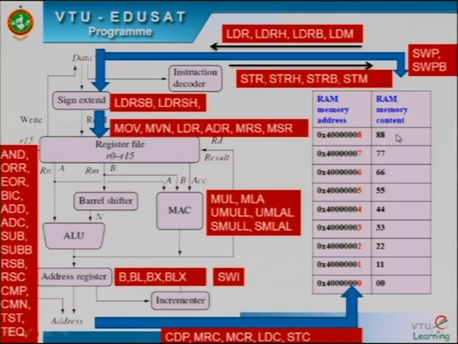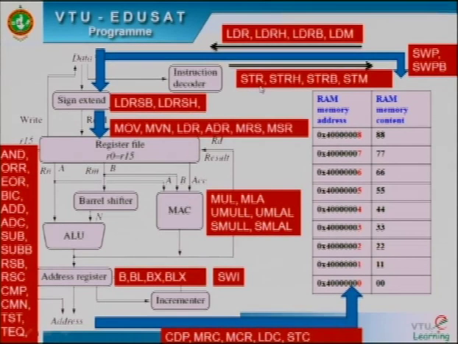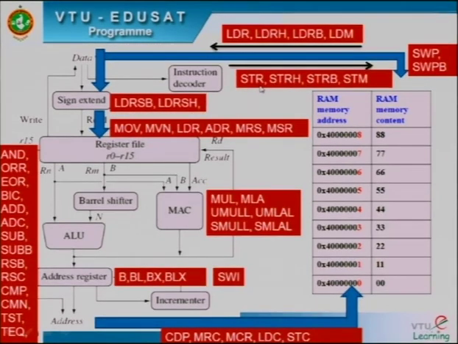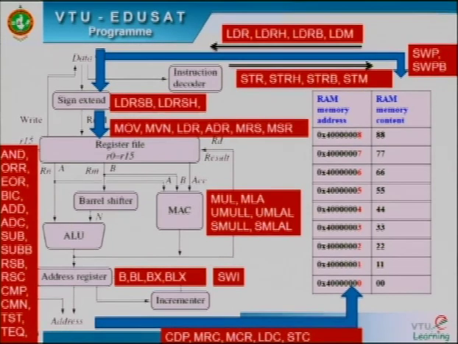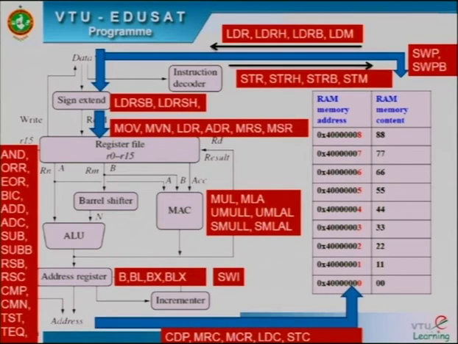Those we call store instructions. These are STR that helps in storing the 32-bit value, STRH that helps in storing the 16-bit value, and STRB that helps in storing the 8-bit value from a register to the RAM location. Then there is the STM instruction, that is store multiple registers onto the RAM memory location.